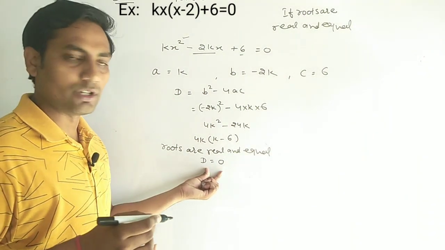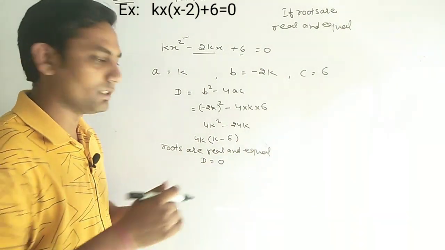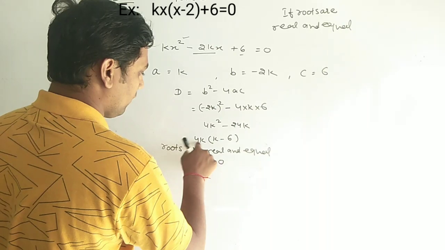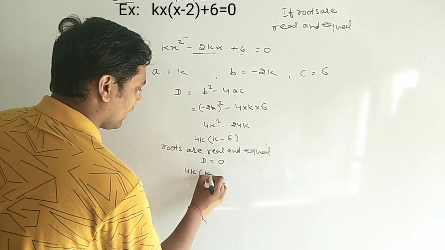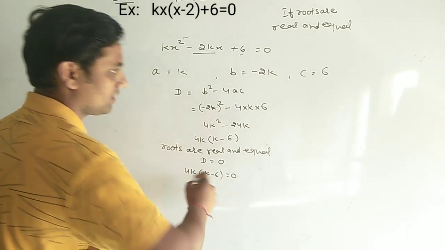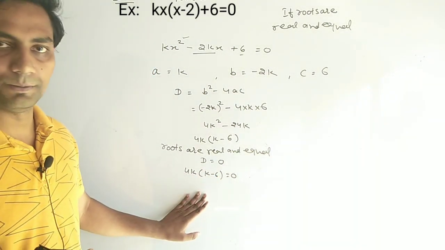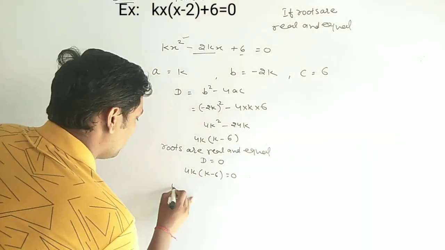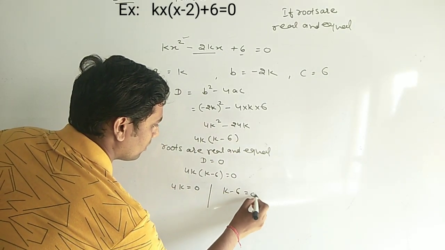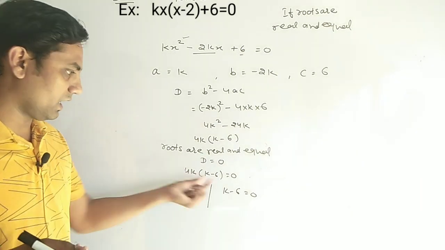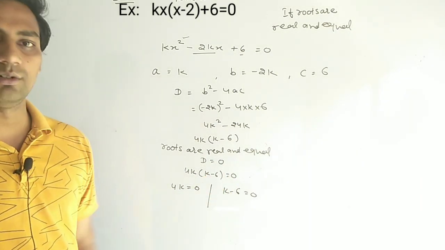Discriminant equal to 0 if roots are real and equal. So the discriminant 4k(k minus 6) equal to 0. Now, 4k equals 0 and k minus 6 equals 0.